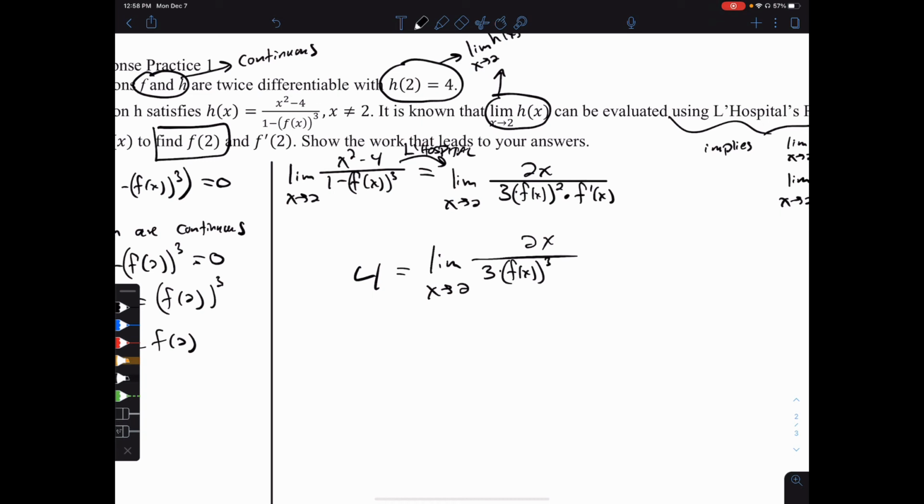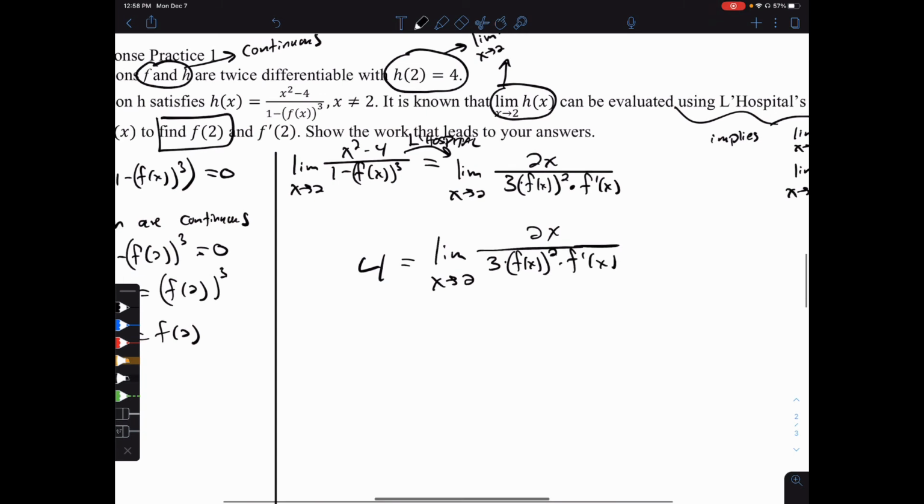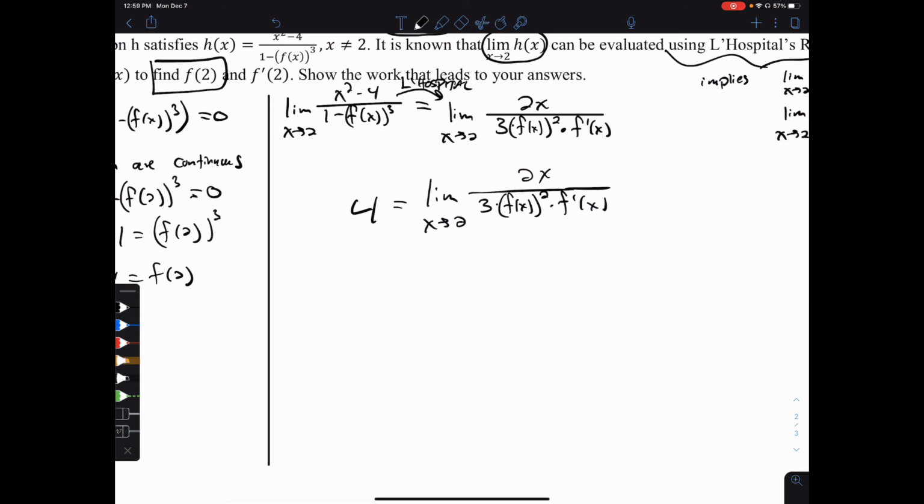Just rewriting it so we can see this all in one sentence here. Let's evaluate the limit on the right. So in the top, we're going to have 2 times 2, which is 4. On the bottom, we're going to have 3 times f of 2 squared times f prime of 2. On the left, we have 4.